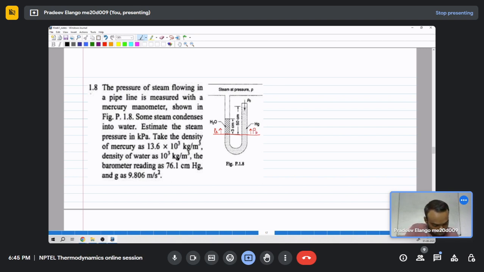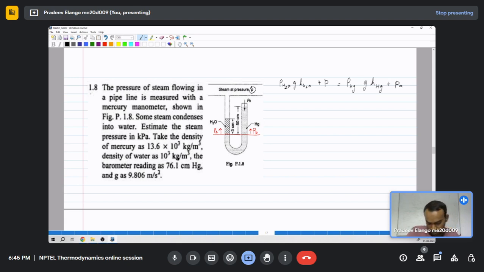So the pressure above this limb on the left hand side will be rho G H of H2O, plus pressure of steam, which is given as P directly, is equal to the pressure on the right hand side, and that is, first we will have rho of mercury, G, height of the mercury column, plus P naught.